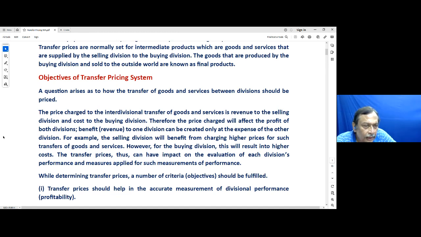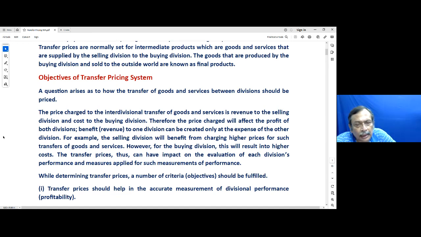The price charged for the interdivisional transfer of goods and services is revenue to the selling division, that I have already said, and cost to the buying division. Therefore, the price charged will affect the profit of both divisions. Benefit, that is revenue to one division, can be created only at the expense of the other division.